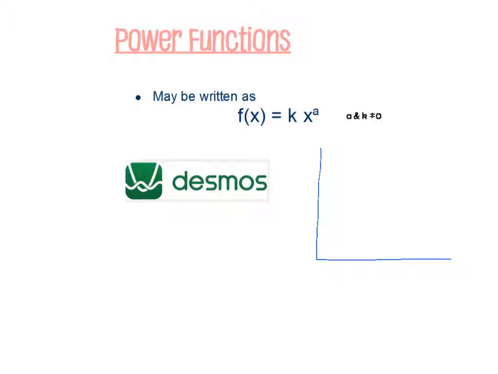If a was negative, let's say, x to the -1 or -2, that actually bumps your x to the denominator. Recall that negative exponents bump it to the denominator. It would look sort of like a rational, like a 1 over x. So it's going to look like this.